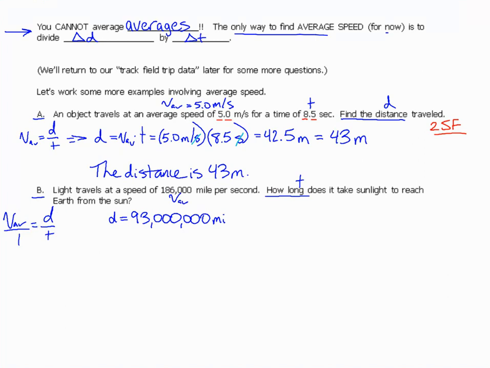So basically what we're going to do is swap the location for time with the location for velocity. And so the formula that we come up with, time equals distance over average velocity.